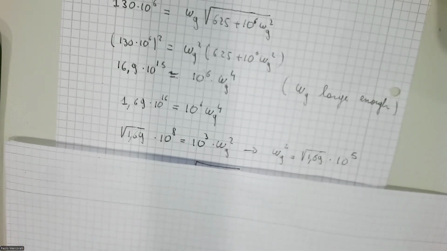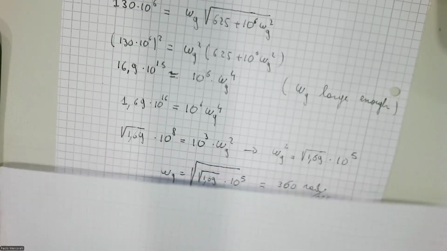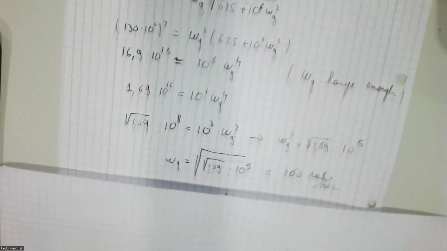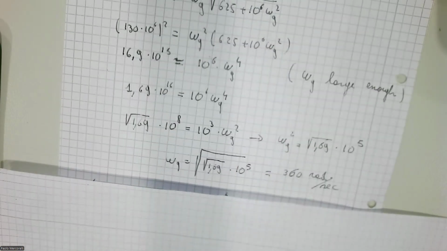Omega g squared is equal to this one. And then I have to calculate again the root. This is the critical omega g, at which we have the amplitude equal to 1, more or less, approximated.